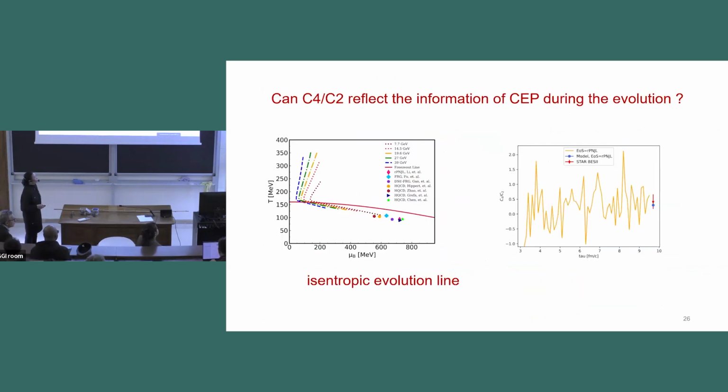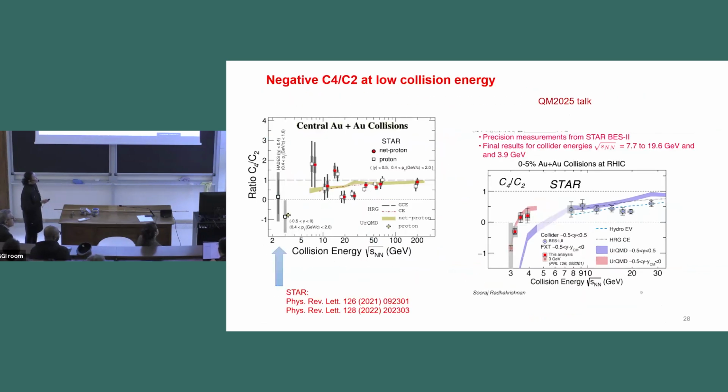Okay, this is to understand the result. And also this Quark Matter talk, I think somebody went to Quark Matter last week. You may notice that there are also some data at collision energy around 3.9 GeV.